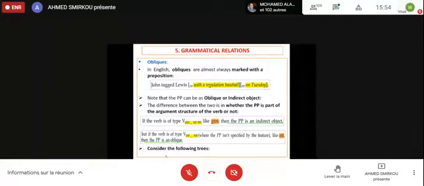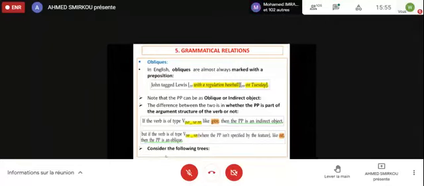Okay, so in the first example, I put the book on the table. We cannot say simply I put the book. Why? Because of the nature of the verb. The verb put requires three arguments. The subject, which must be an NP, and two complements.